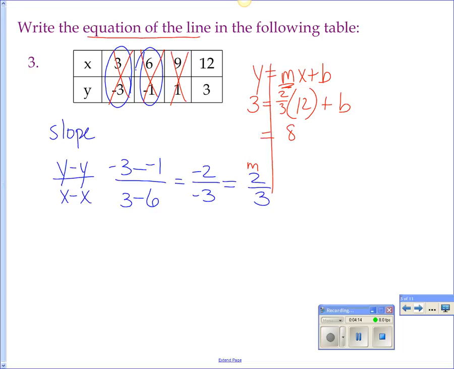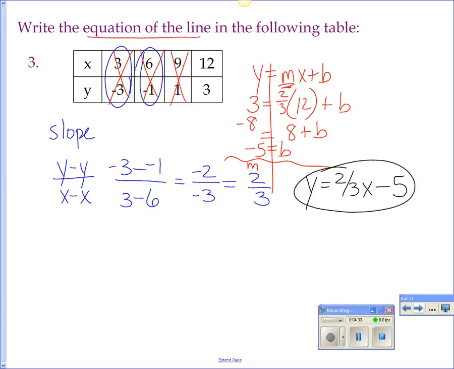So that gives me 8 plus b. Move it over here, it becomes -8. So you get -5 equals b. So my final answer is y equals 2/3 x minus 5.